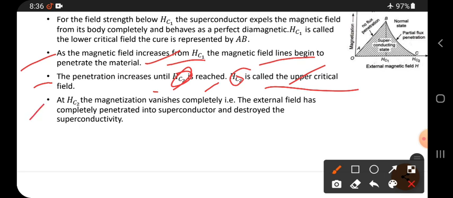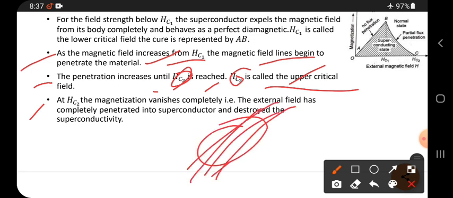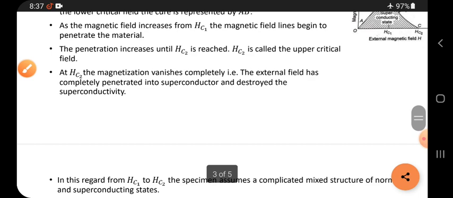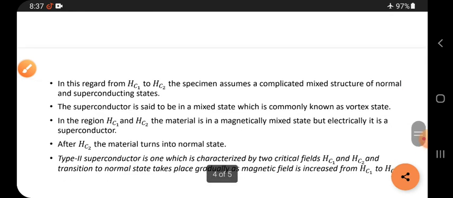At Hc2, the magnetization vanishes completely. The external field has completely penetrated the superconductor and destroyed the superconducting property. The magnetic lines of force pass completely through the substance, so it acts as a normal conductor.